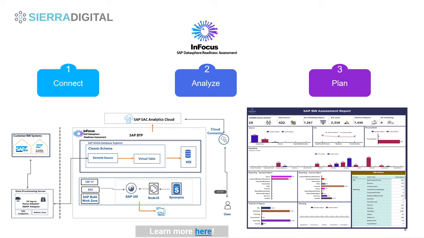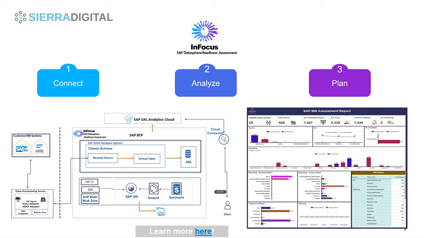The second step is analyze, where subsequently the Sierra tool proceeds to extract and analyze the BW metadata to generate a comprehensive BW assessment report that is accessible via either the SAP Analytics Cloud technology or an SAP Fiori UI5 application. This report provides insights into the inventory of both standard and custom BW objects.